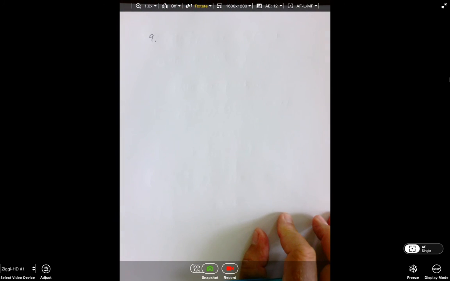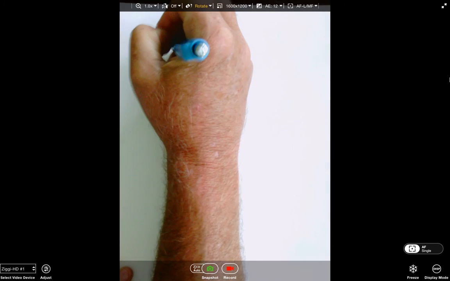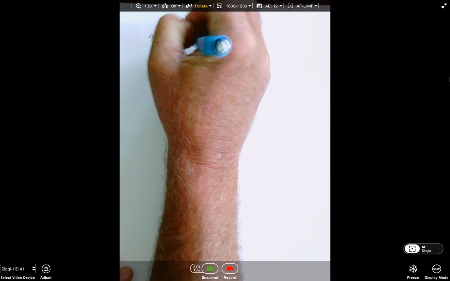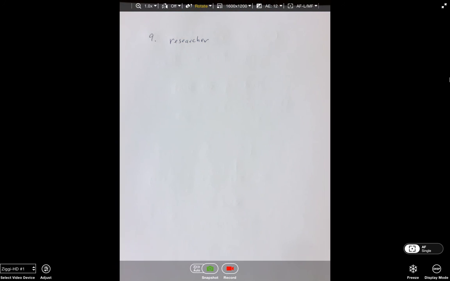Number 9, if a researcher consistently sets his or her significance level at 0.01 instead of 0.05, which is typical, will he or she commit more or less type 1 errors?